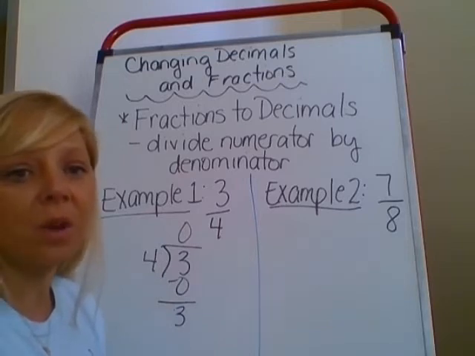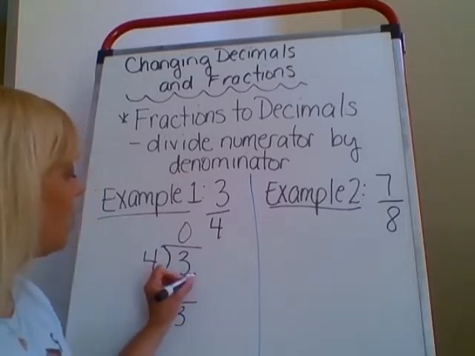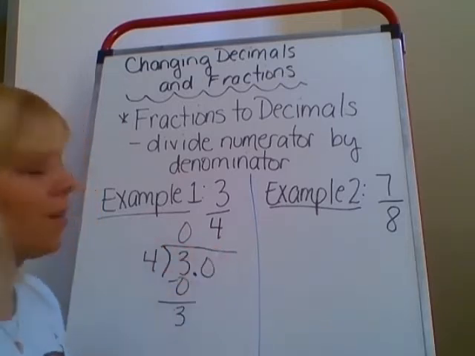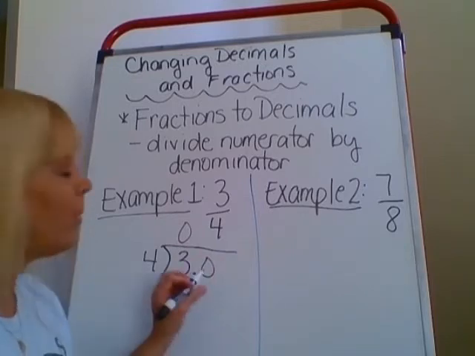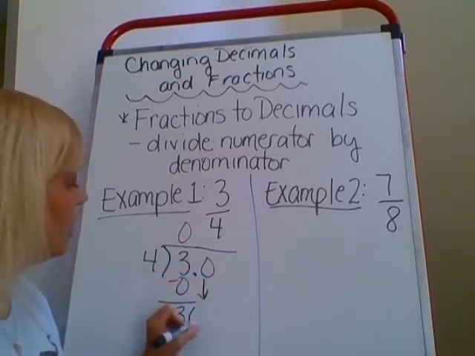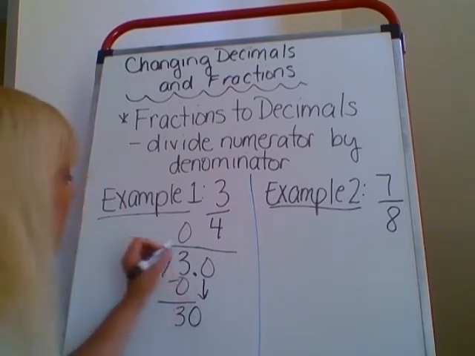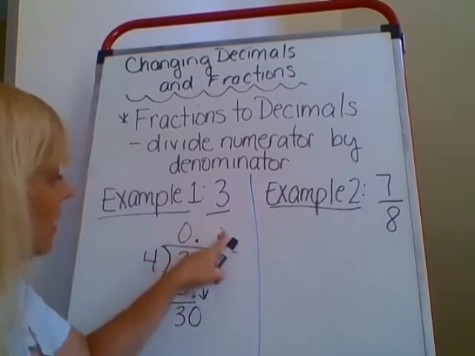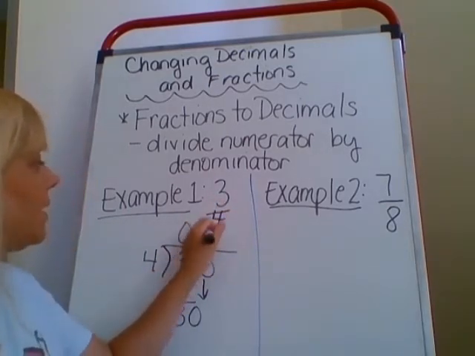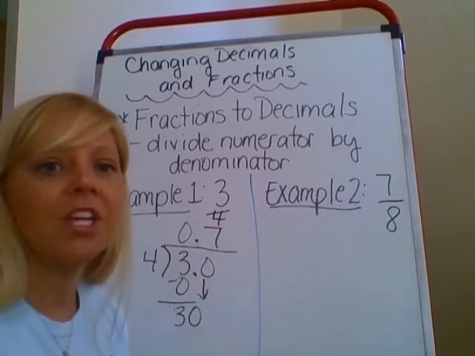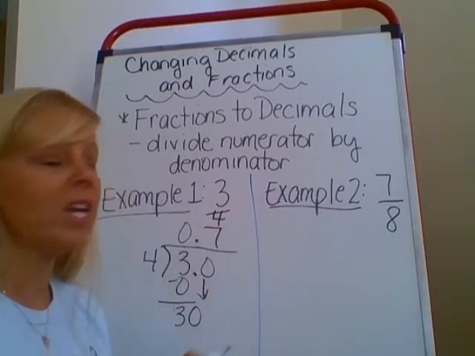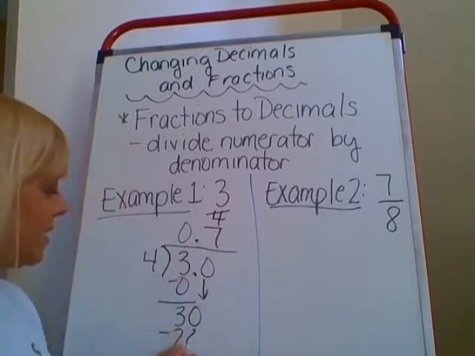Since 3 is a whole number in this example, we put our decimal point and annex a 0. Now we bring down the 0. 4 goes into 30 7 times, because 4 times 7 is 28.